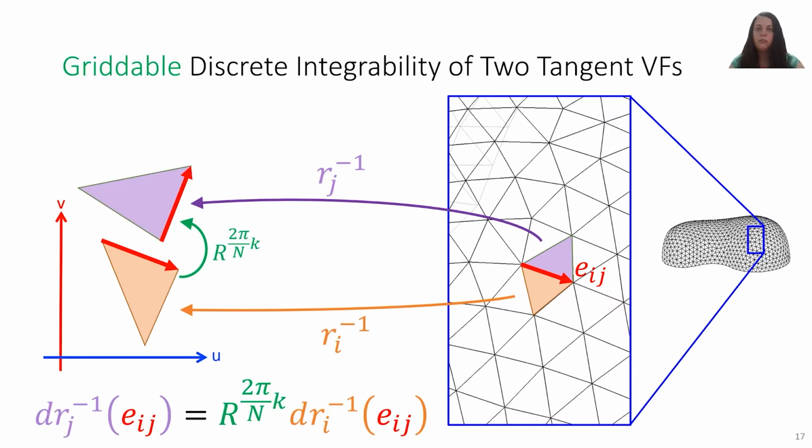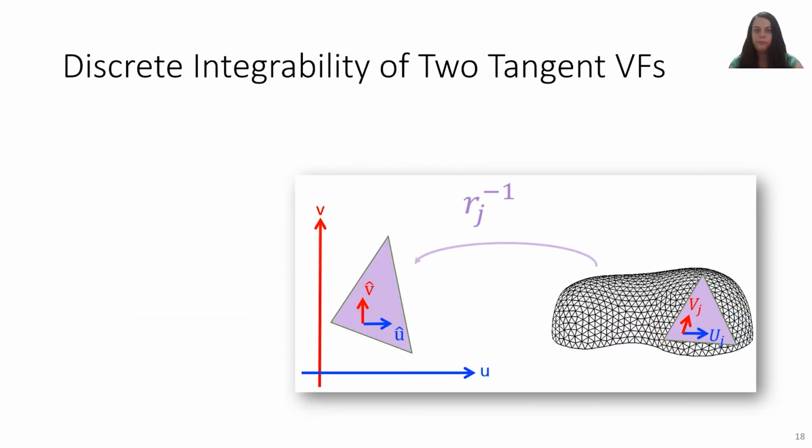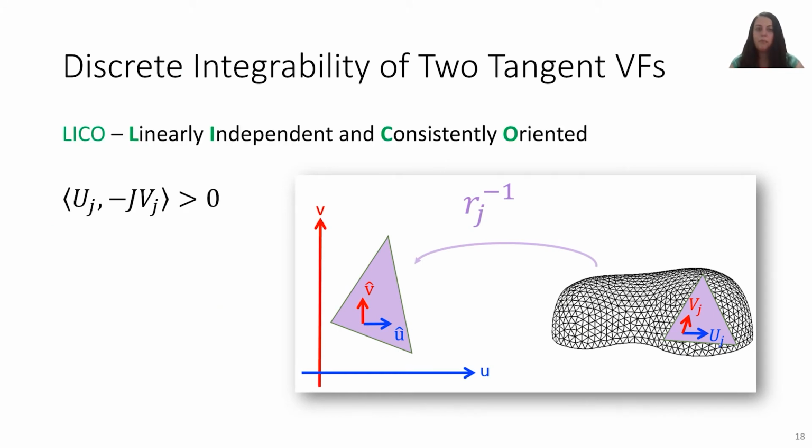Since we only need gridable integrability, it's enough that the maps agree up to rotations by 2 pi over n, where n is the grid we are using, so 4 for quads, 6 for hexes, and so on. For our integrability, we also need linear independence of u and v at each point. We denote such vector fields as LICO, linearly independent and consistently oriented. It is required to guarantee bijectivity.